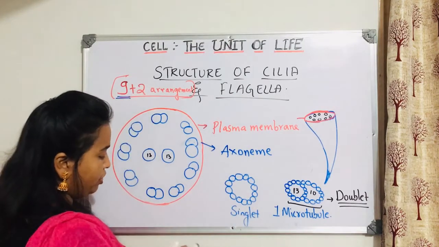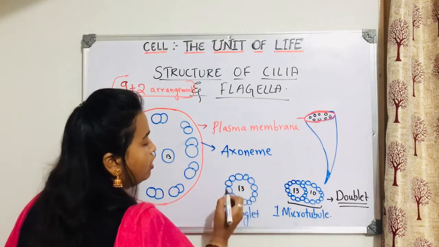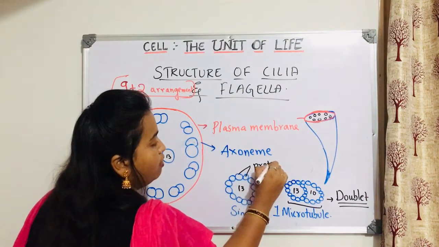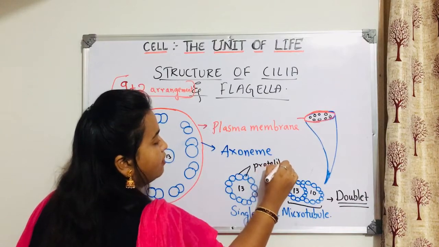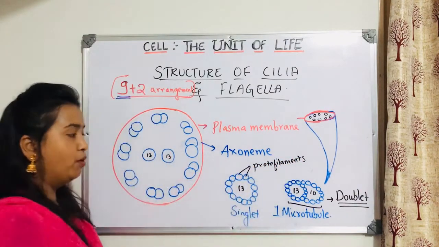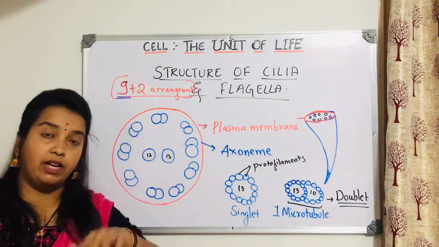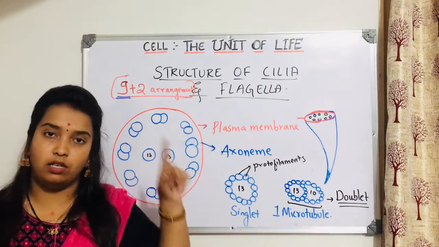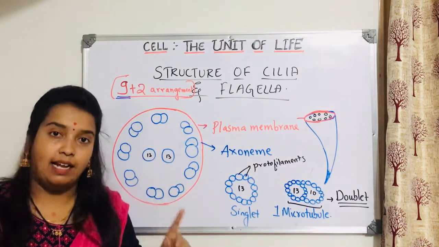A singlet has 13 what? Protofilaments. All these things are protofilaments, right? And please, if you are watching this video without watching the previous one, it's of no use at all. Please go back, search for it, study that, and then come here.